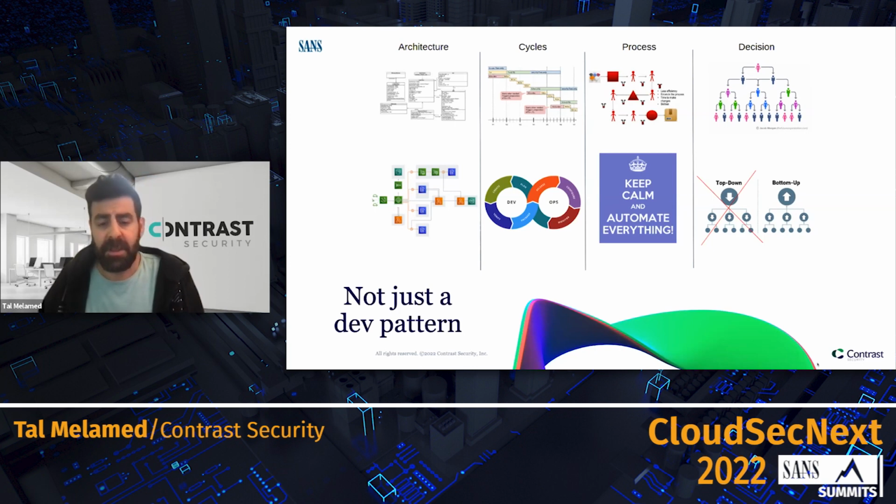The processes, as Kyle said before, are mostly automated. When you want to build in the cloud, you pretty much need to automate everything. Otherwise, it's going to be quite hard for you to keep track of everything.